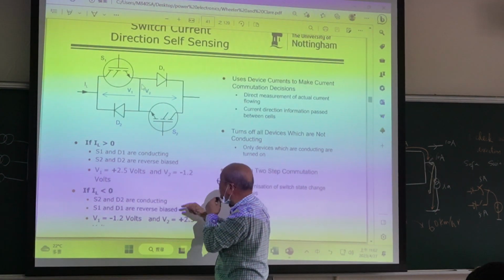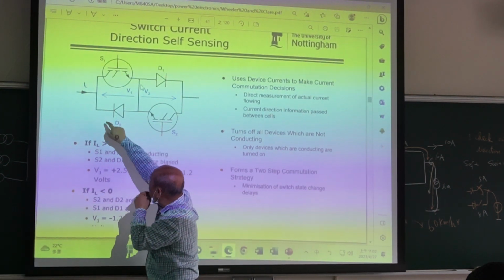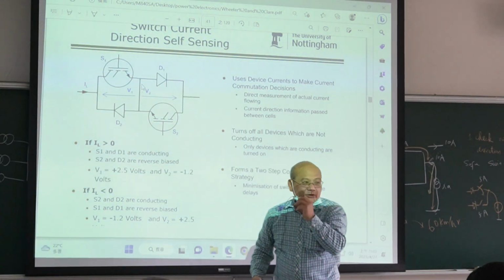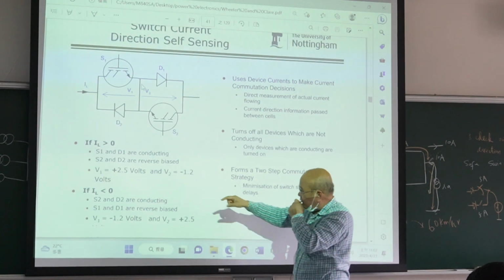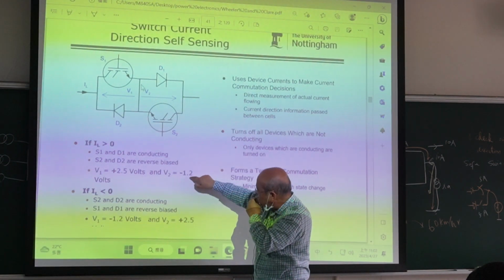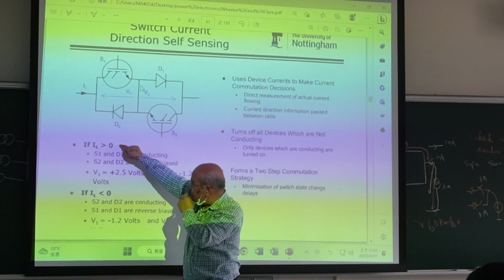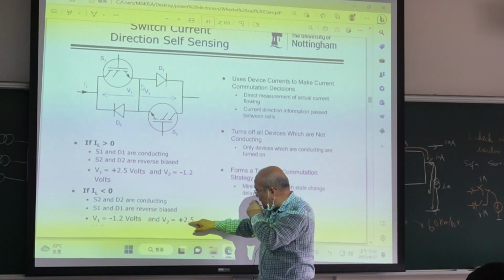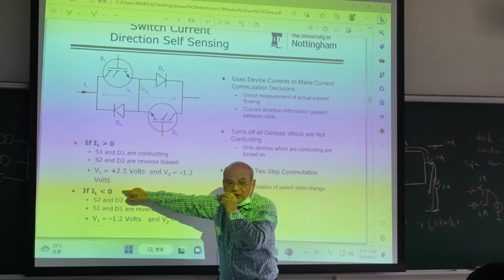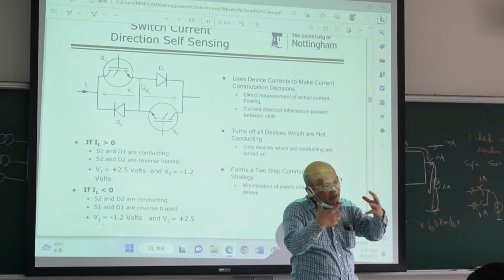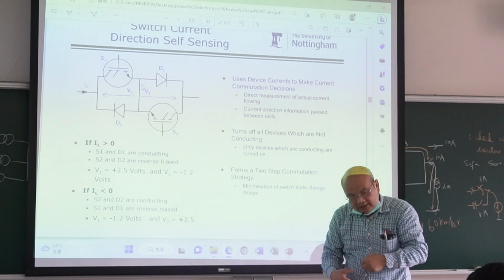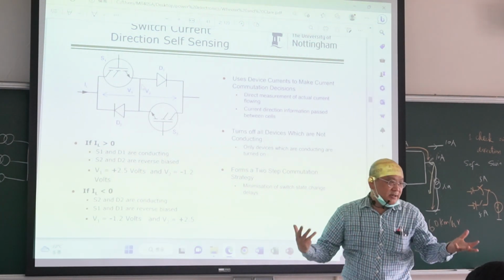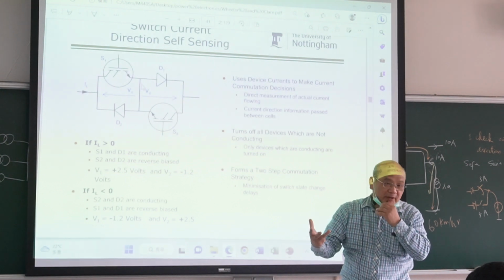So plus 2.5. This is plus minus, so we call this minus 1.2. So you can detect the voltage. If it is 2.5 and minus 1.2, the current is positive. If it is minus 1.2 and plus 2.5, the current is negative. So can we measure the diode and the IGBT voltage drop to replace current? Yes. Then it is cheaper.